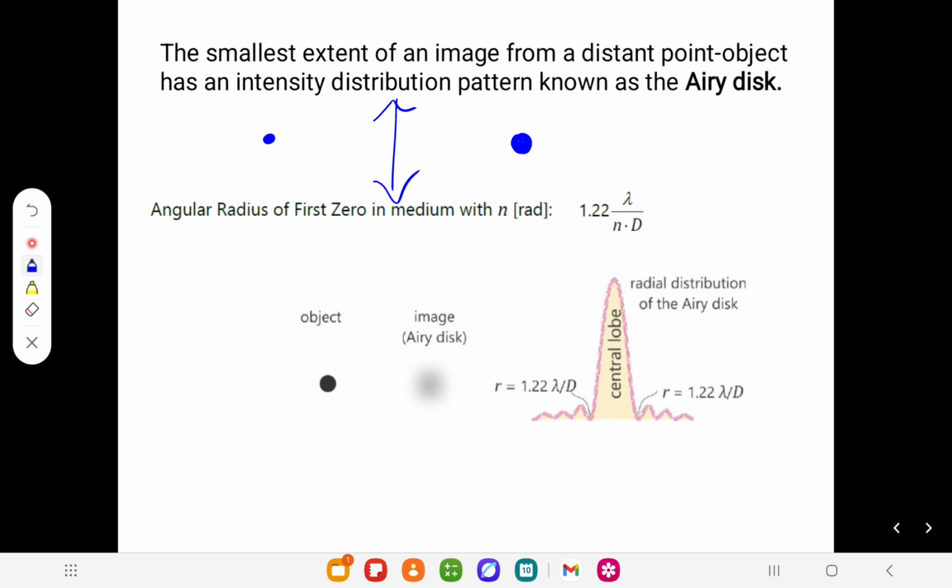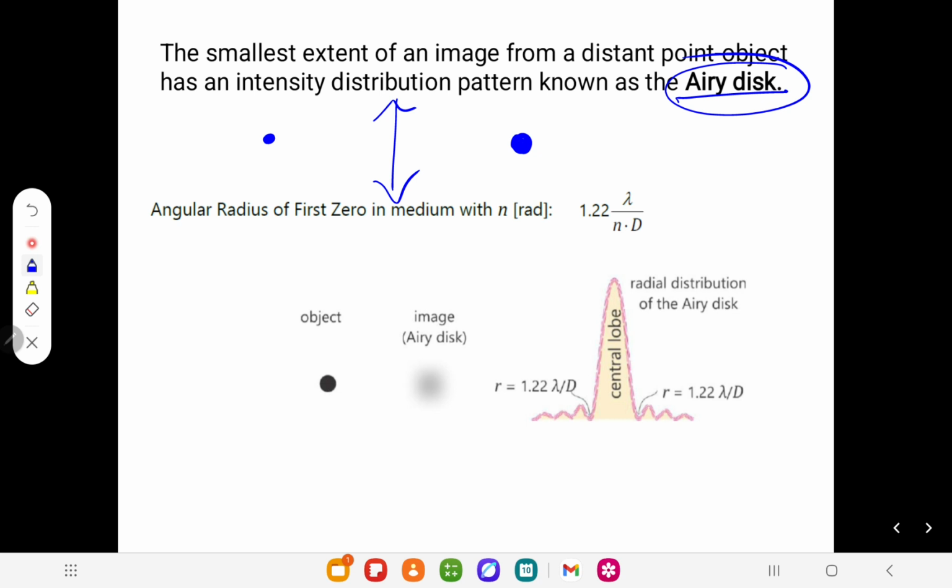So what happens if we consider diffraction? The smallest extent of an image from a distant point object has an intensity distribution pattern known as the Airy disk. Why do we call it Airy disk? Because it's not a point. A point object does not produce a point image, it produces an Airy disk.